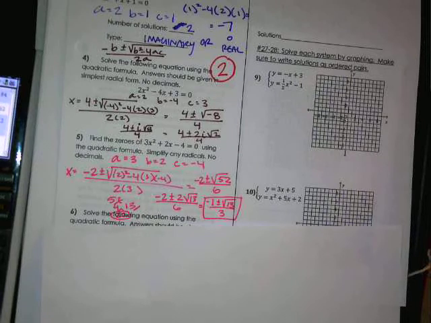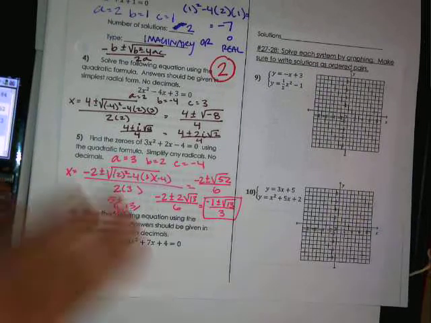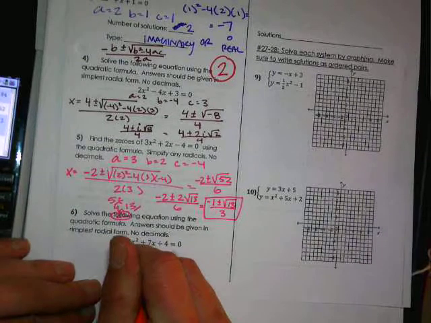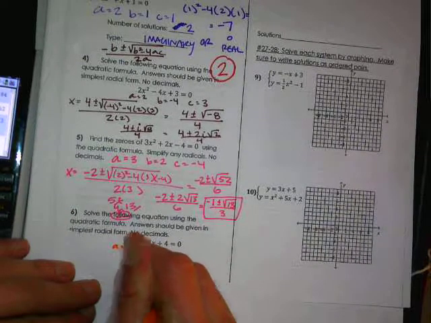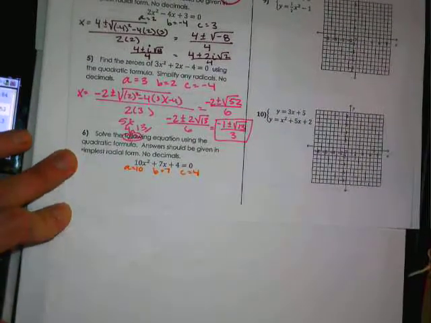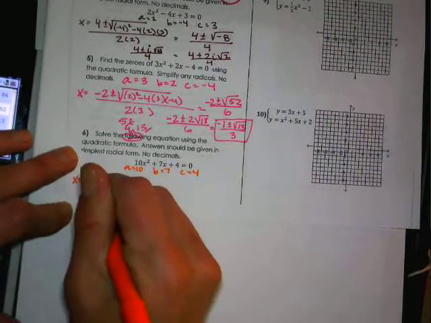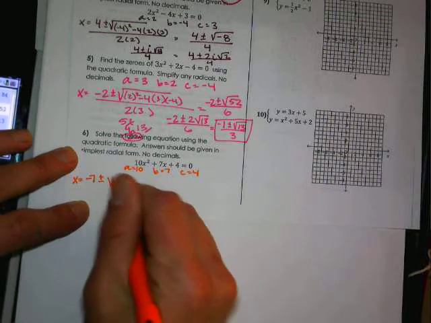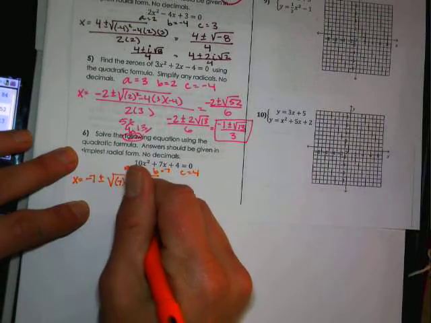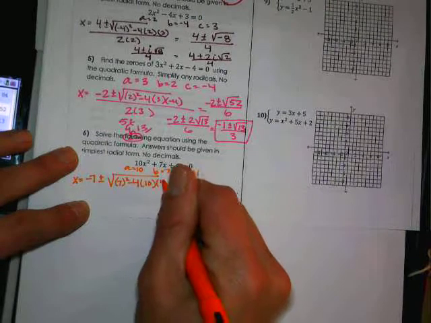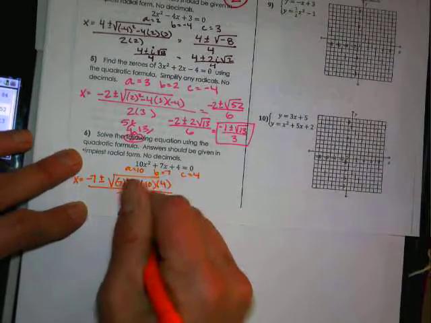All right, last one for the quadratics. A is 10, B is 7, C is 4. So x equals negative 7 plus or minus the square root of 7 squared minus 4 times 10 times 4, all over 2 times 10.